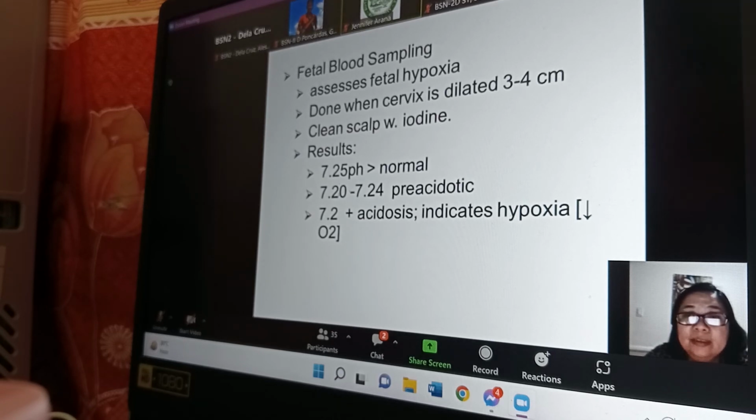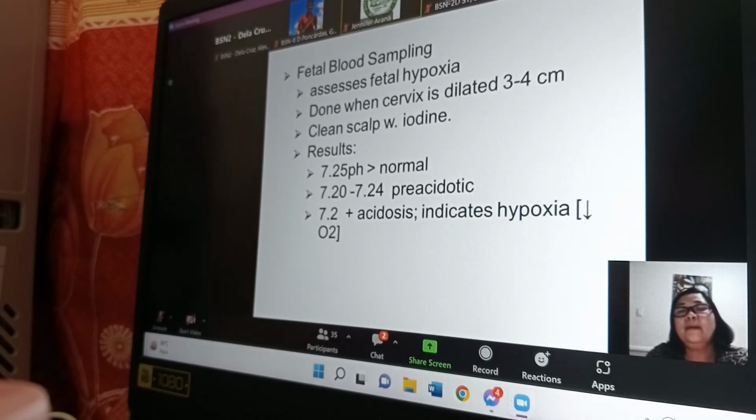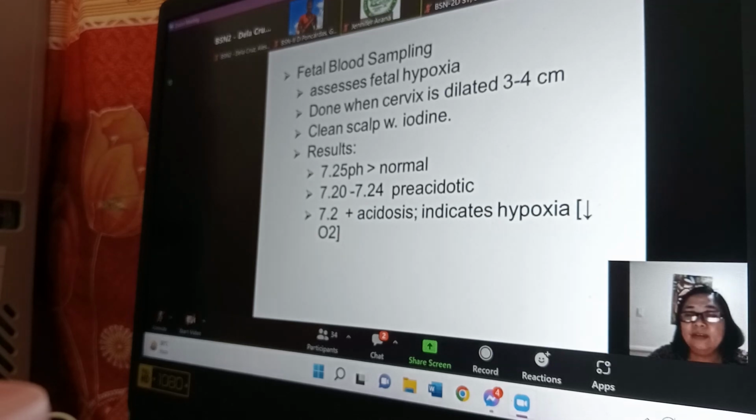So, to determine sa pH sa fetus, we have to do a fetal blood sampling. Asa gikan sa fetal scalp. This is invasive, this is dangerous, but this is the means to check for the pH of the fetal blood. To determine kung kulang ba siyang oxygen, kung kulang siyang oxygen, that will lead to acidosis or a low pH level.